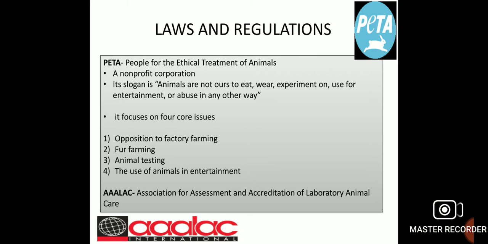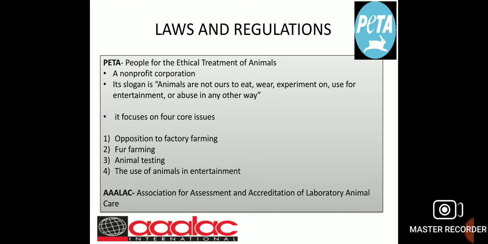So PETA works mainly for the protection of animals which are used for various unethical purposes or for entertainment. It has four core issues: opposition to factory farming, fur farming, animal testing and the use of animals in entertainment.